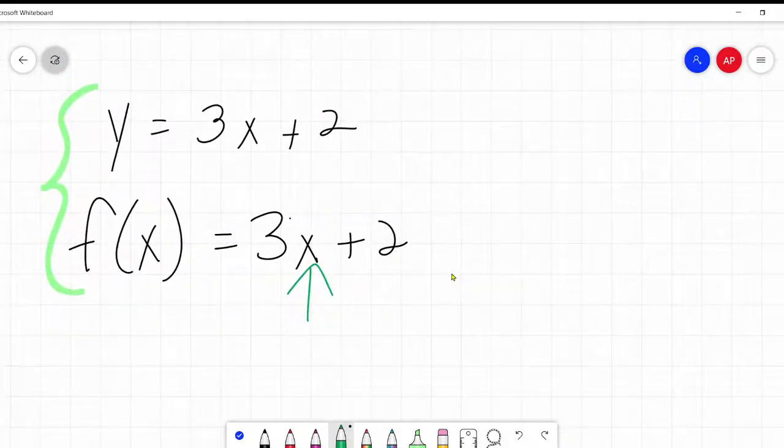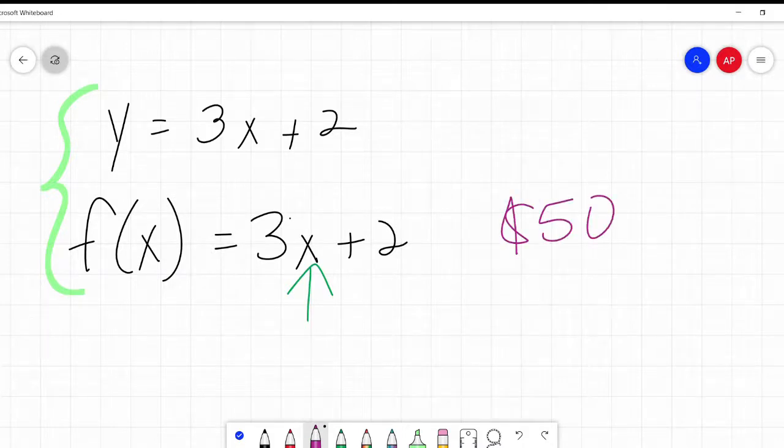You can see how that viewpoint could have some real world applications. For example, if I spend $50, how much of this can I buy? If I work for 10 hours, how many things can I produce?